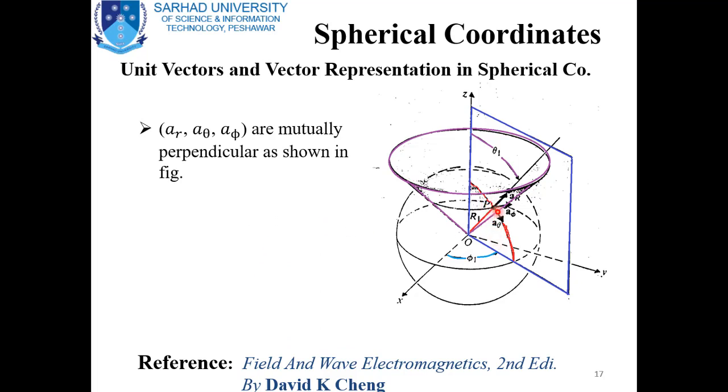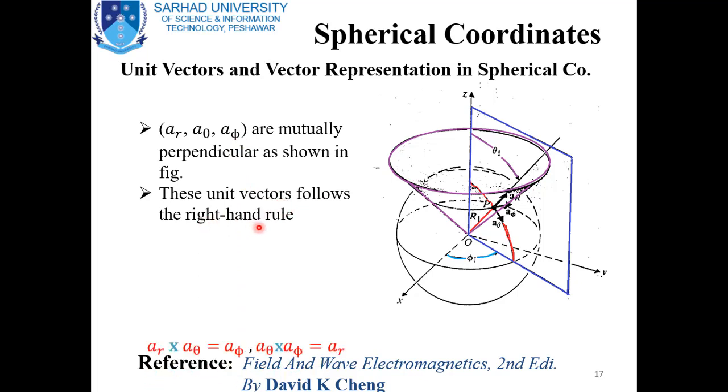Along with these parameters r, theta, phi, we have three mutually perpendicular base unit vectors for the spherical system, which are represented by ar, a theta and a phi, and these perpendicular vectors follow the right hand rule.